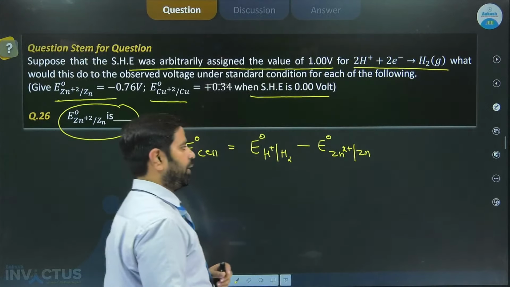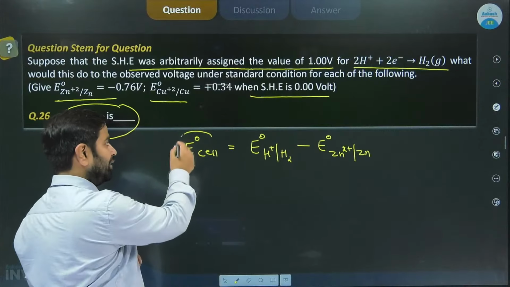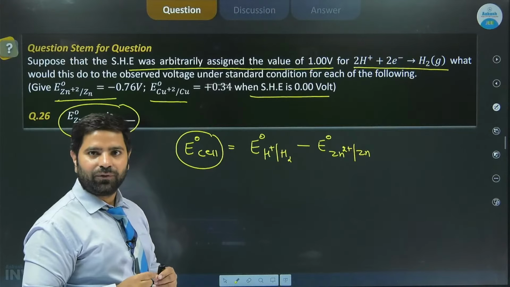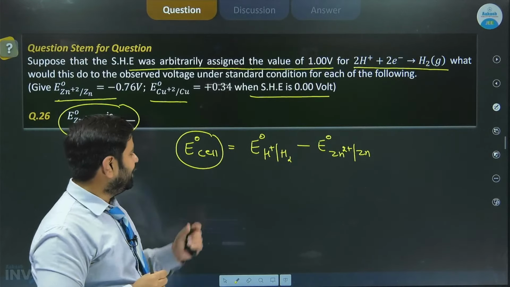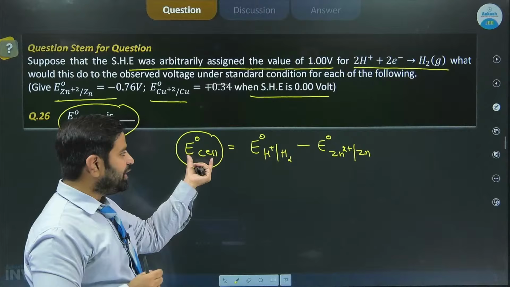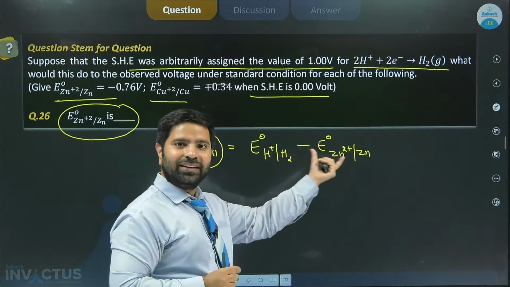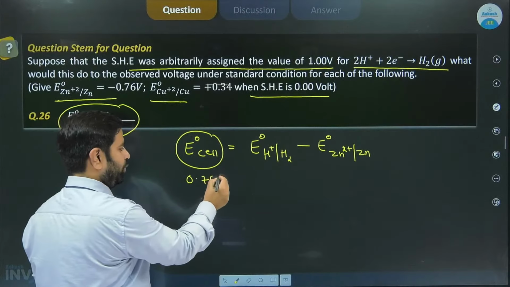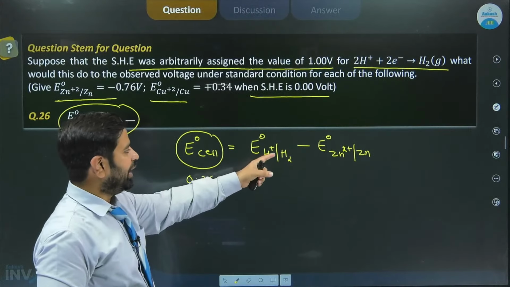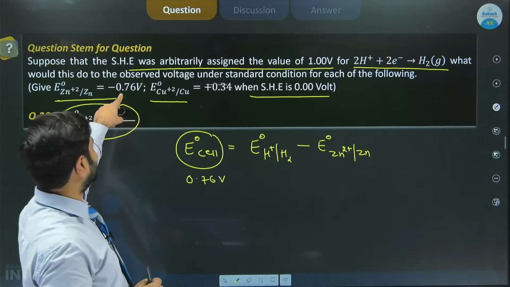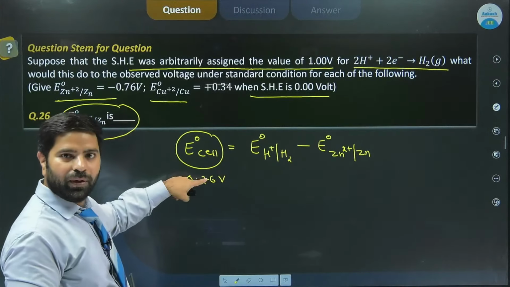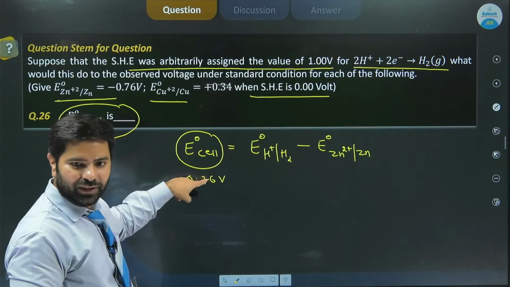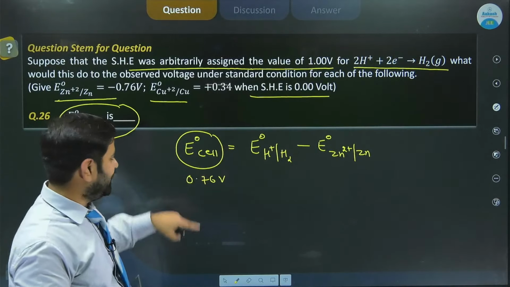Now, we know this is the experimental value that will be generated by the cell. The experimental value for the hydrogen and Zn cell would be equal to 0.76 volt. When it is 0 volt and E0 of Zn is minus 0.76, it would be calculated as plus 0.76 volt. So this value will not get changed.